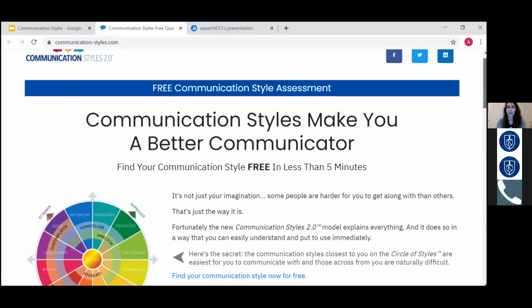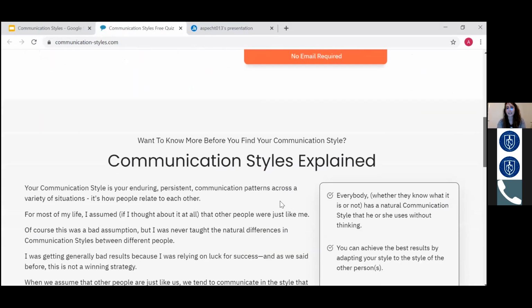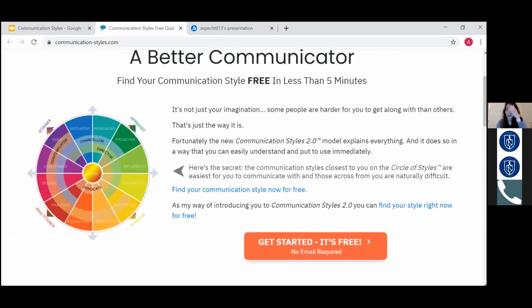This is a quick, free, less than 5-minute test if you're interested in getting more information. The chart on the left shows how many communication styles they have within this quiz. They definitely have more than we do, but there is a main 4.